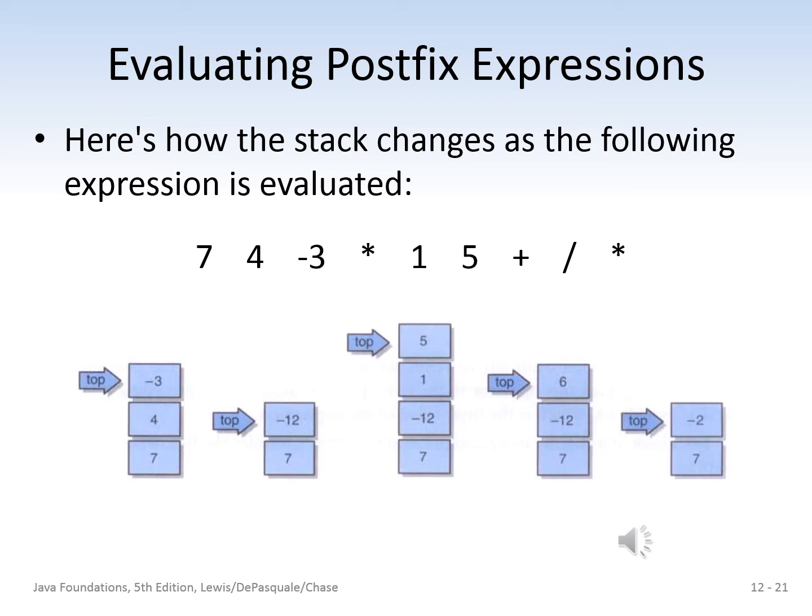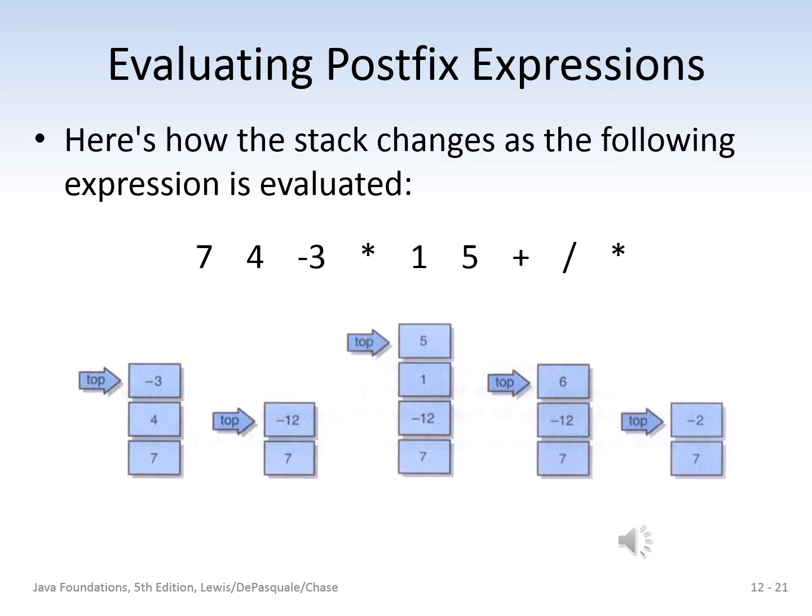So moving from the first depiction of the stack where we have 3 elements and -3 is the top to the second, let's see what happens. So we hit the asterisk, we pop -3 and 4 off, and we multiply them. -3 times 4 is -12, and we push the -12 back on to the top of the stack.